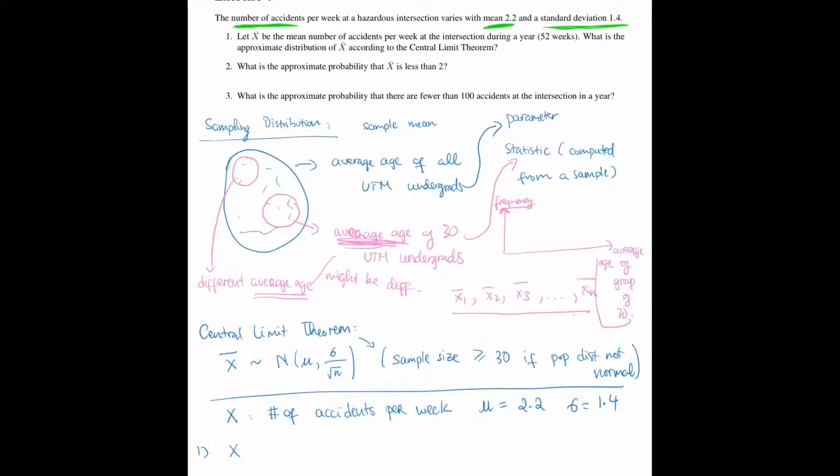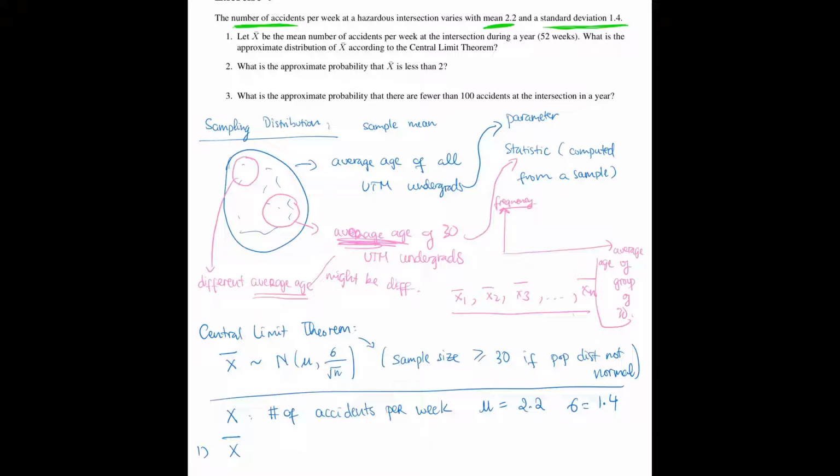For question 1, we let X bar represent the mean number of accidents per week during a year. So here, X represents the number of accidents per week. X bar represents the average number of accidents per week across 52 weeks, which means that we look at the number of accidents in week 1, the number of accidents in week 2, ... the number of accidents in week 52.